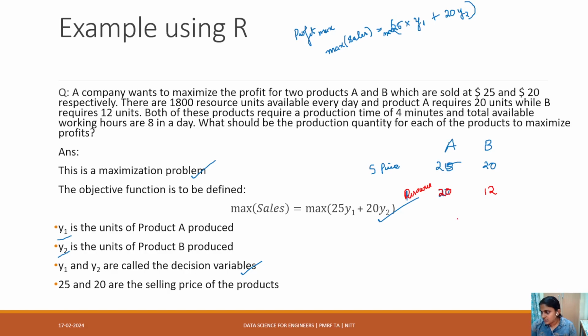Y1 units of A are produced, so Y1 into 20, because each product of A requires 20 units, plus 12 into Y2. Only 1800 are available, so the total resource used should be less than or equal to 1800.